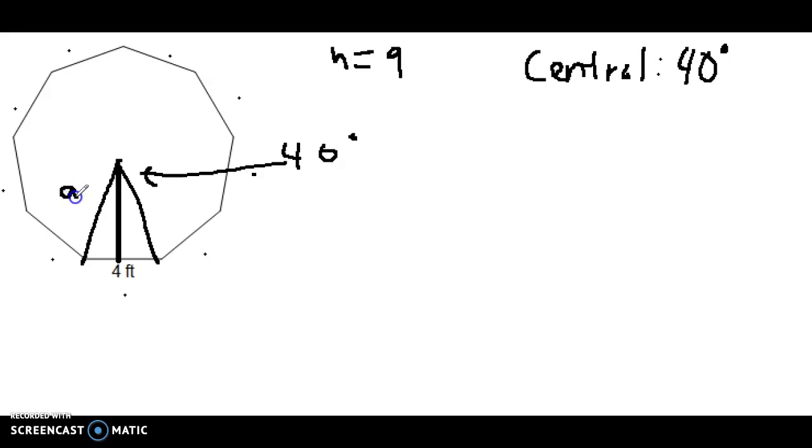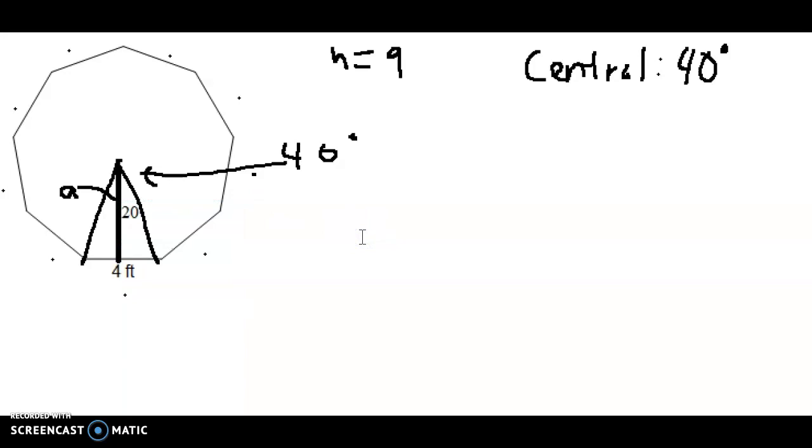So that's my apothem right there. So half of 40, of course, is 20 degrees. So I've got a 20-degree angle here. Now, how do I deal with that?